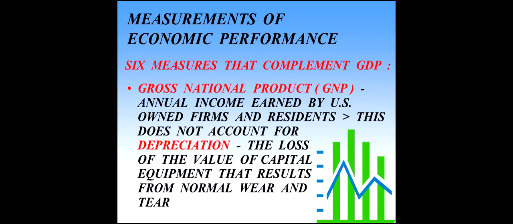And what GNP is, is the measure of annual income earned by U.S.-owned businesses or firms and residents. This does not account for something that we call depreciation, and depreciation is a financial term. And what depreciation means is the loss of value of capital equipment that results from normal wear and tear.